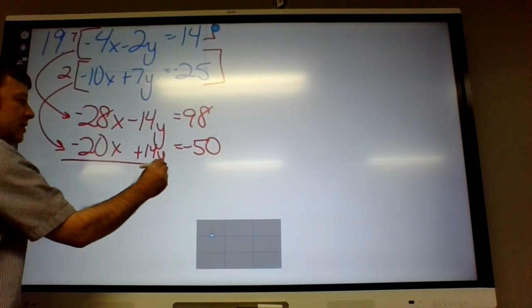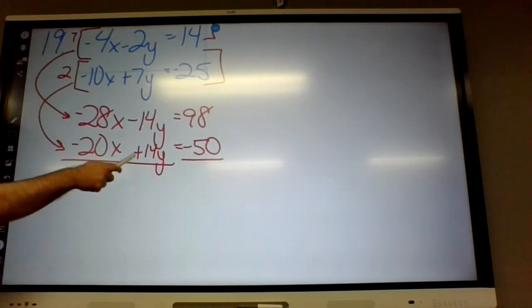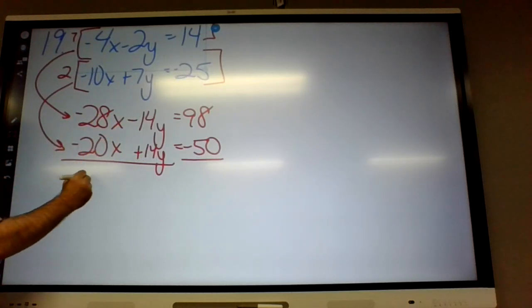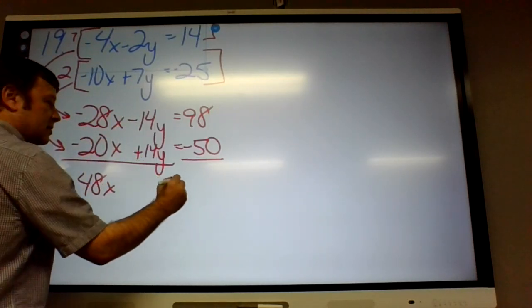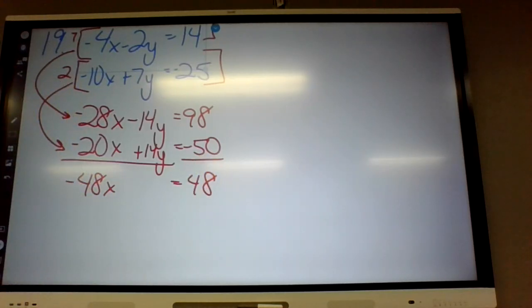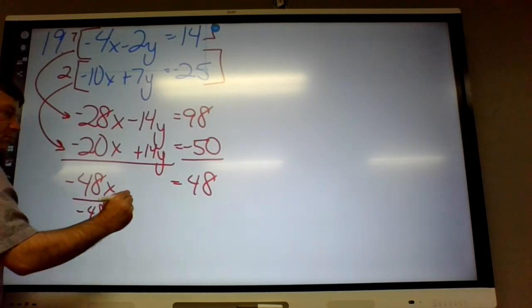Now if I add the two lines together, the y's are going to go bye-bye. Divide by negative 48.